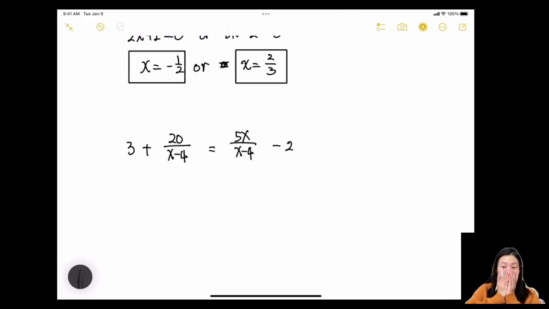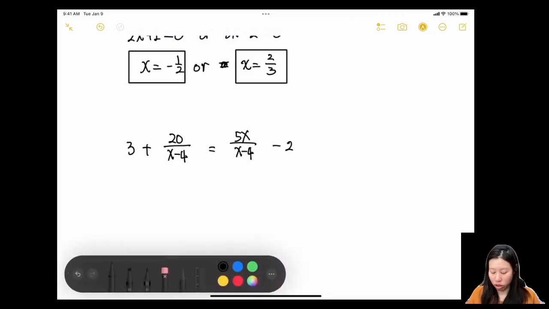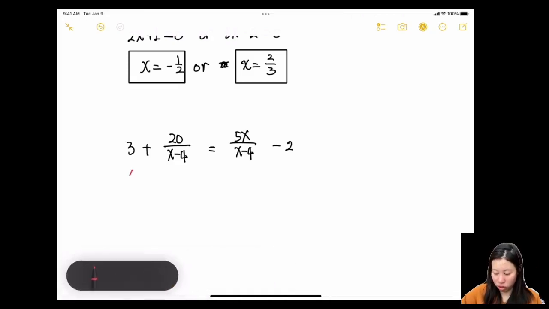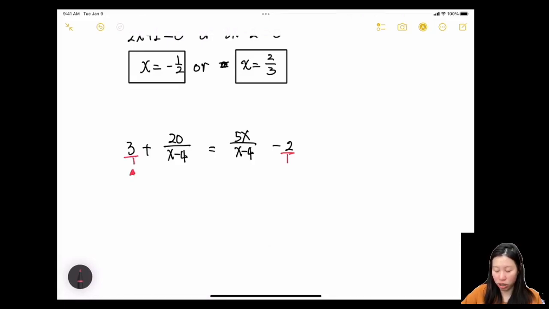Okay, totally 4 terms. So 3 we can treat as 3 over 1, and 2 we can also treat as 2 over 1. With 4 terms, the least common denominator should be x minus 4. So that means you want to multiply x minus 4 with every term.